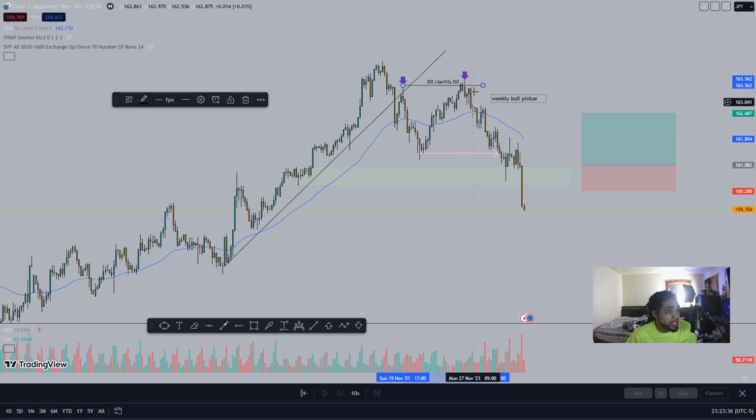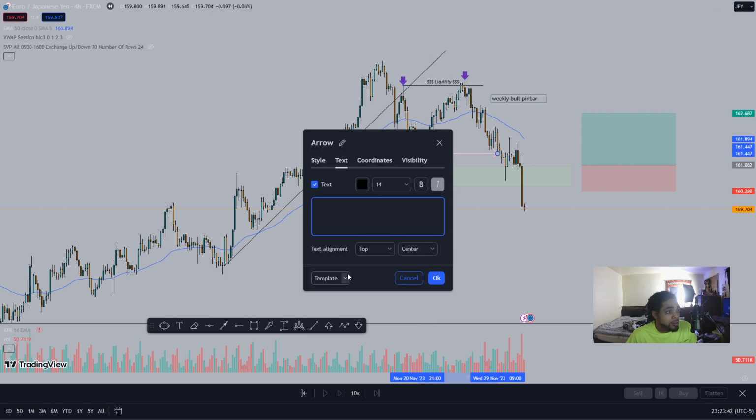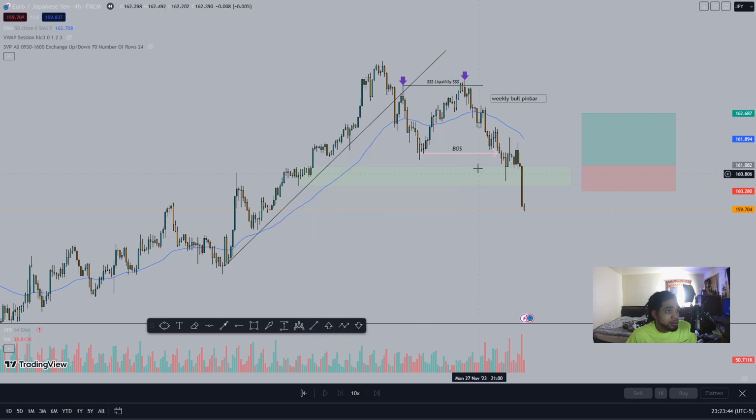Two top, and then it started making lower highs and lower lows, and then it broke structure right here. So this would not have been an ideal trade. By the time it got to this OB, I would have looked at it like, that's not the one, bro. Sometimes I do think it's the one and it doesn't work. It's not foolproof, but it's pretty accurate. I'm still back testing and forward testing. Right now I'm forward testing.